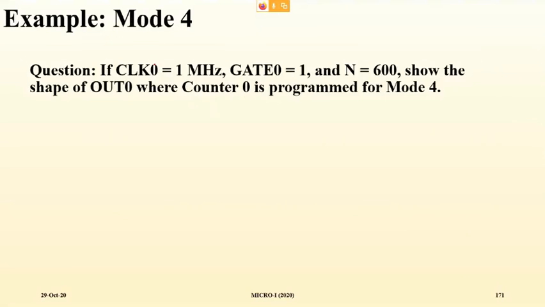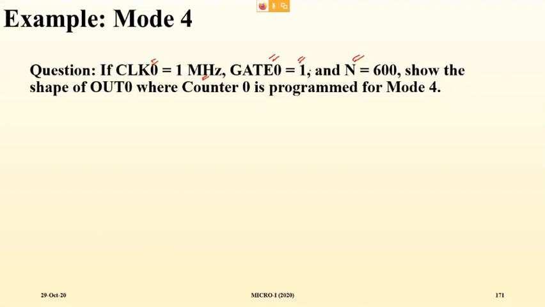Now here clock 0, that means counter 0. Clock 0 is 1 megahertz. So the period is 1 microsecond. Gate 0 is 1. So gate is activated. Don't have to worry about that. Count is 600.